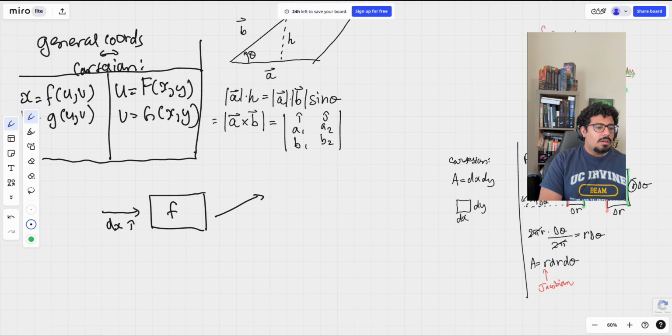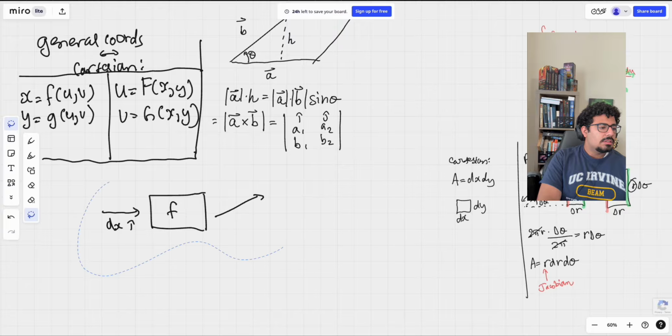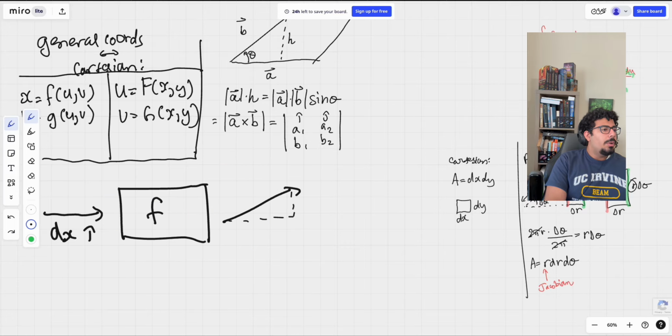And we get another vector out of it, which is where, through this transformation, the dx length element transforms to. And this length element has an x component and a y component. So dx can be written in terms of u and v using just the chain rule.